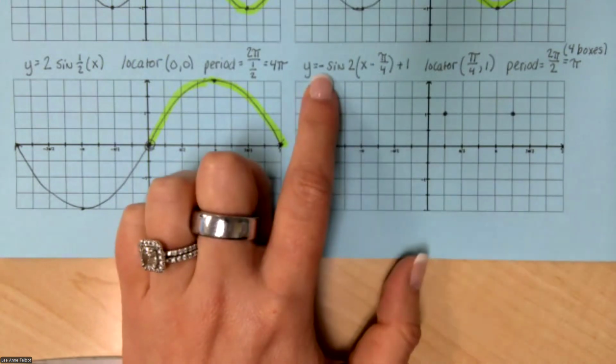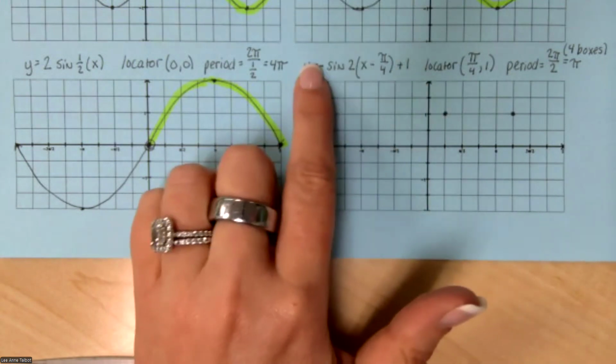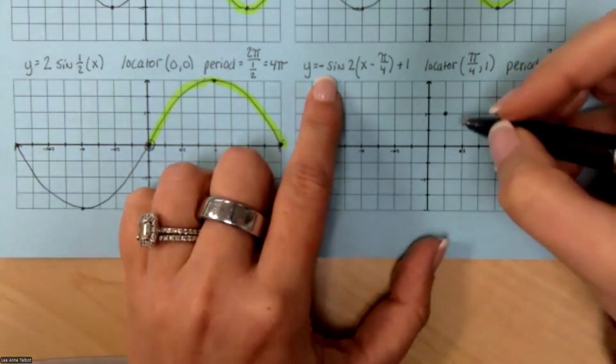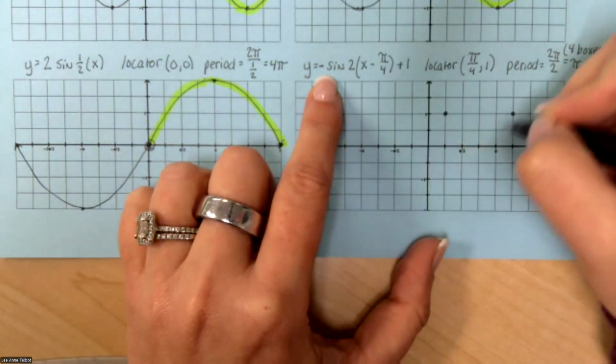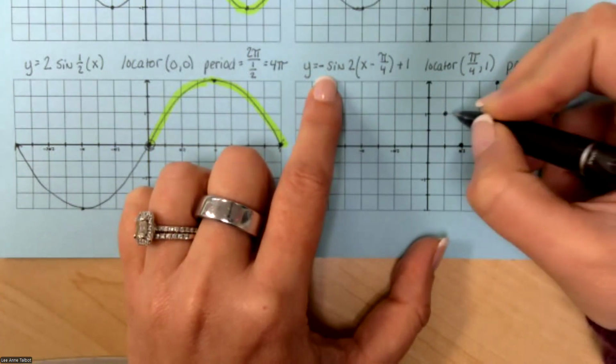Be careful with the amplitude because the amplitude is 1, so it's just going to stay between these two. But it's negative. Which means that instead of going up, middle, down, middle, it's gonna start by going down, middle, up.